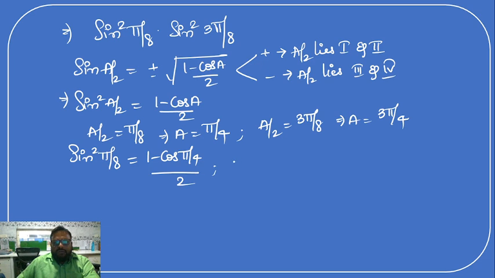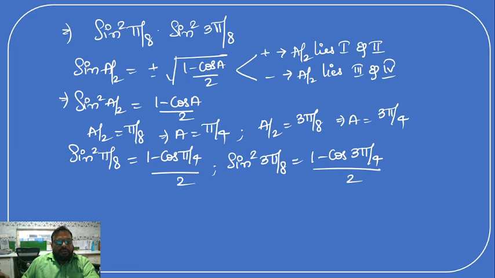And similarly sin² 3π/8 = (1 − cos 3π/4)/2. This is according to the formula.